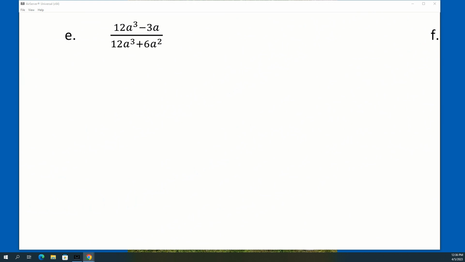All right, so on E, I'm going to take 12a cubed minus 3a, and I'm going to factor out a common factor of 3a, and that's going to leave me with 4a squared minus 1.